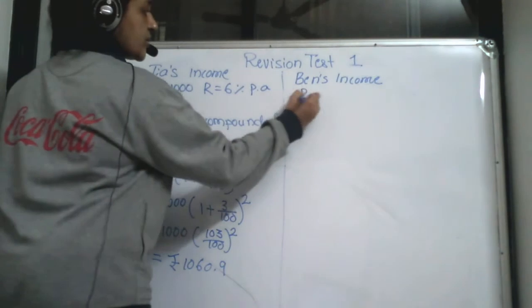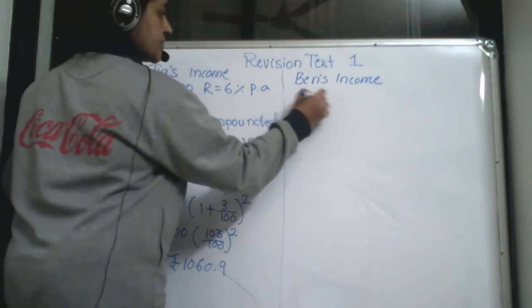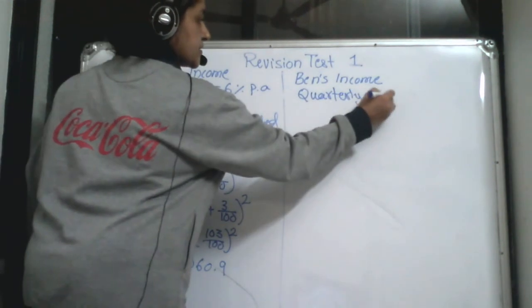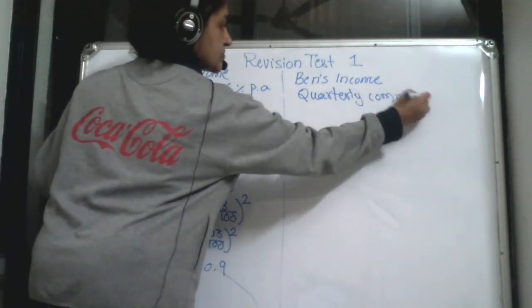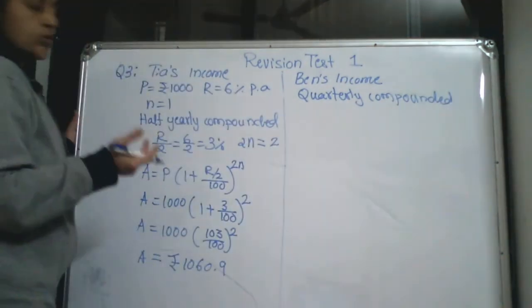R will go down by what? 4. Why? Because it is quarterly compounded. For him it is quarterly compounded.